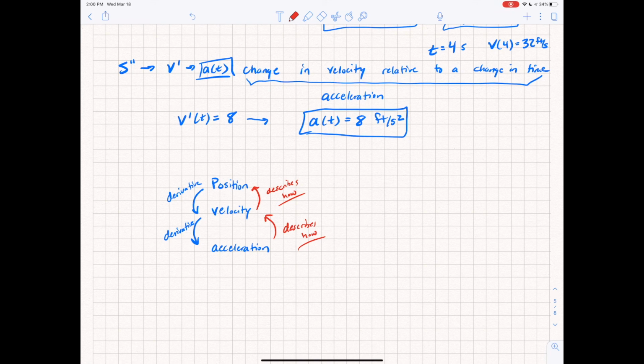Which would make sense again if you think about the physics, that acceleration does play a role in how your position is changing. If you're accelerating, your position is probably going to be changing more or less, not necessarily slowing down or speeding up, but just in terms of its connection with velocity and then in turn its connection with position.